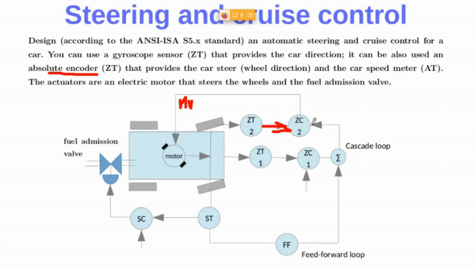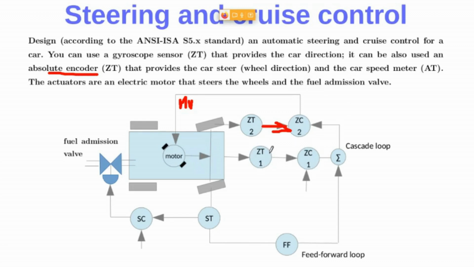Well, here we will find that the set point of this controller comes from the output of an outer controller, because this controller in here, this ZC, is the orientation, the car direction controller.